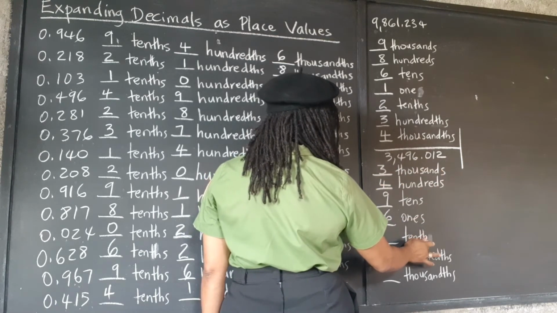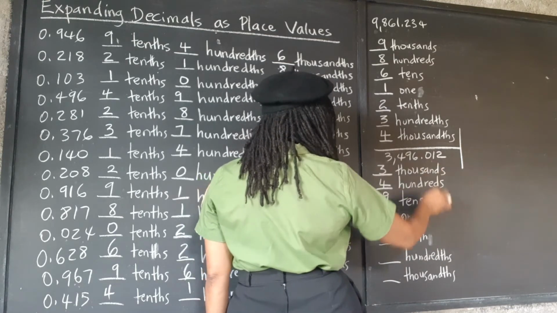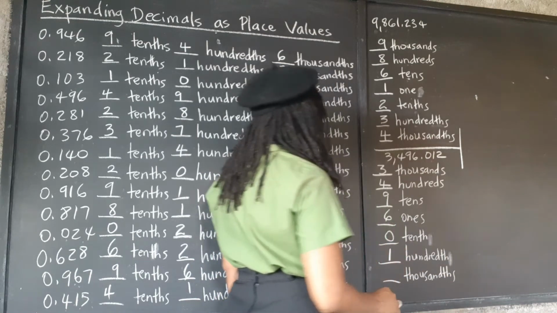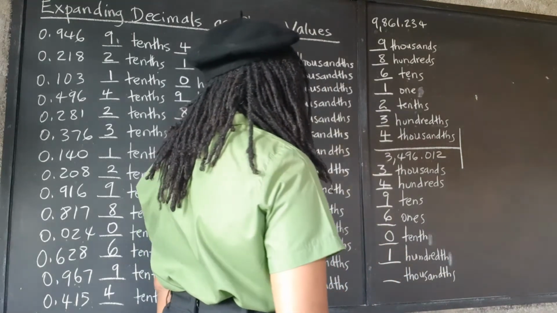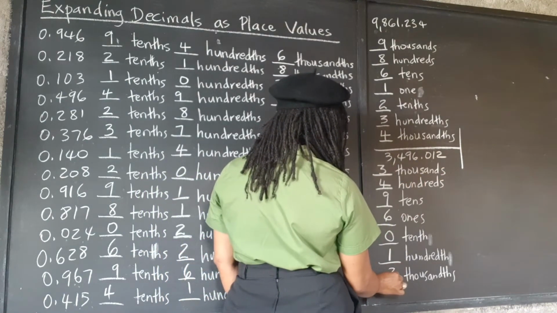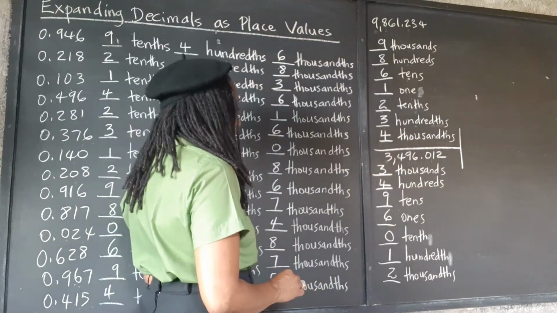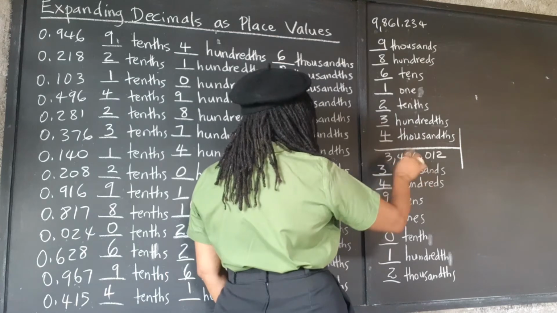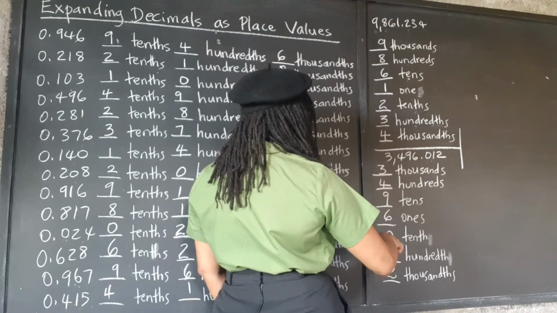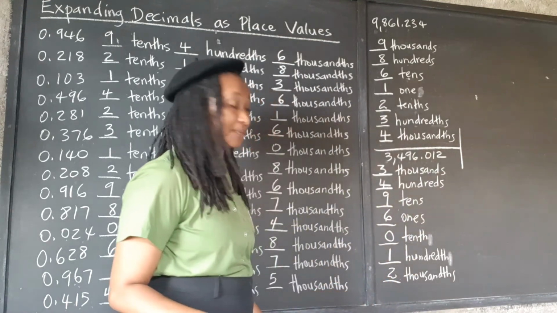So let's not even put an S there. 0 tenths. 1 hundredth, so let's take off the S. It's 1 single hundredth. And 2 thousandths. So 3,496.012 is 3 thousands, 4 hundreds, 9 tens, 6 ones, no tenths, 1 hundredth, 2 thousandths.